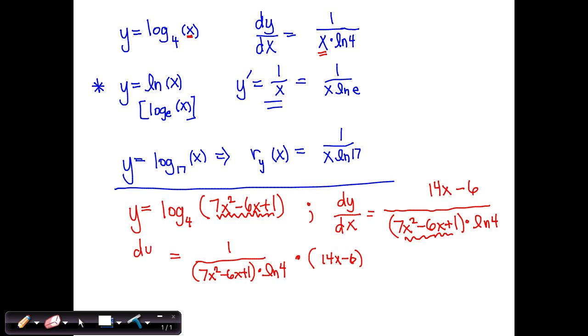So I'll name this one down here as well since I don't have it next to anything. So for this y equals log base 4 of trinomial, the derivative is, well, 1 over that trinomial times natural log of 4, just like log base 4 of x was 1 over x times natural log of 4. It's just got this extra rate of change appended, the rate of change of that inner function, the part that was this trinomial.